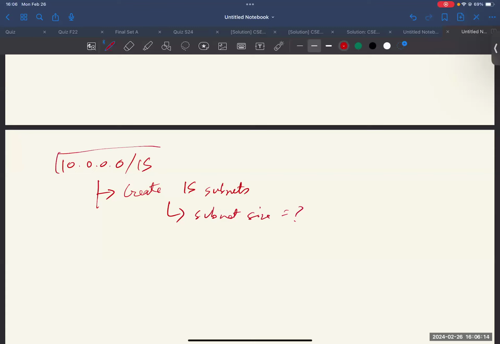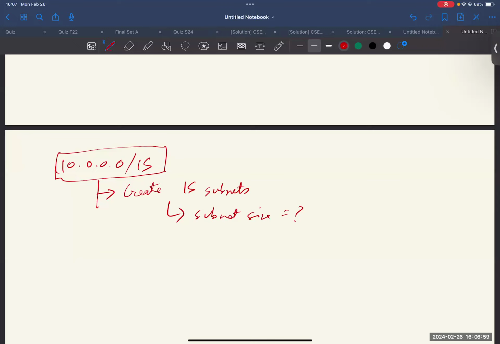সো আপনাকে নেটওয়ার্কটা করতে দিচ্ছে, এখন ইউ হ্যাভ টু ক্রিয়েট 15 সাবনেটস এন্ড এখান থেকে 15টা সাবনেট তৈরি করলে আপনার সাবনেট সাইজ কি হবে এইটা একটু আমাকে বের করে বলুন। সাবনেট সাইজ হচ্ছে ব্রডকাস্ট নেটওয়ার্ক সহ। স্যার এটা কি 2 to the power 13 হবে?